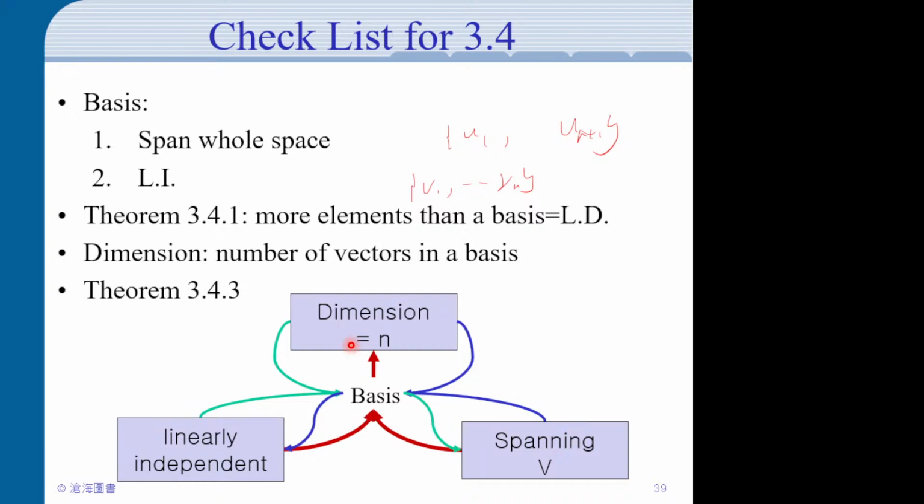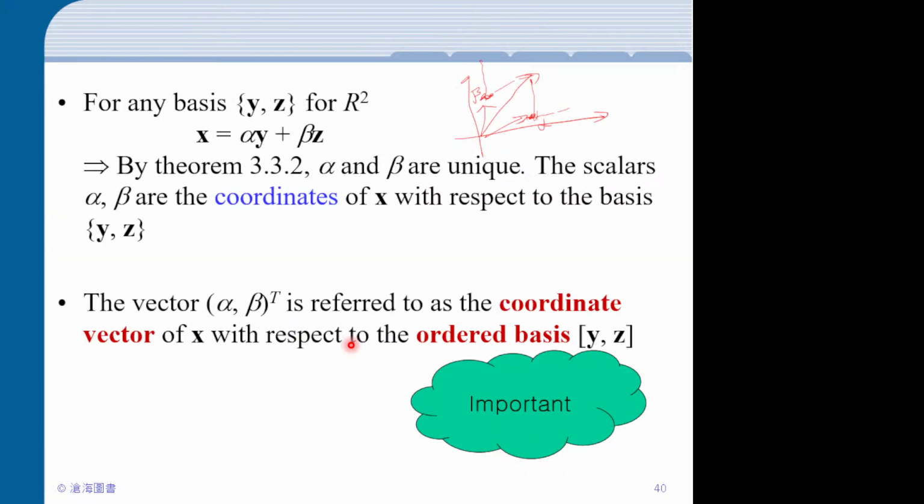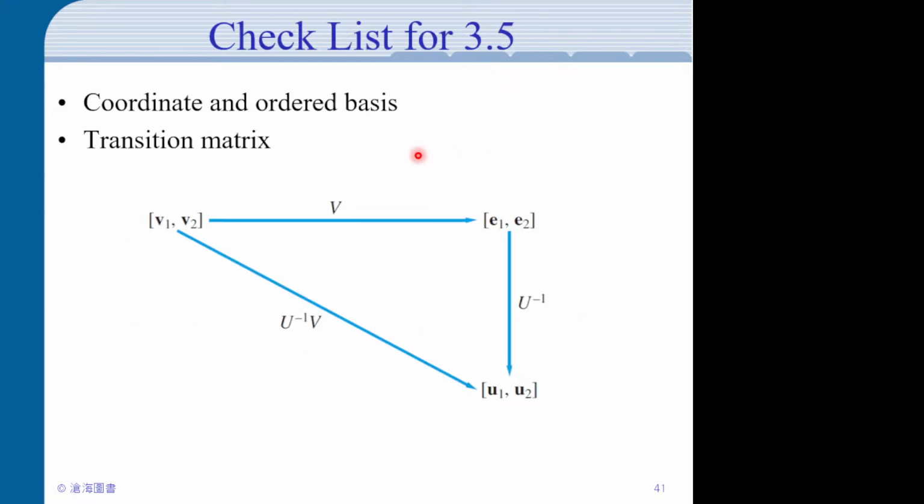And 3.5 will kind of recurrently say the important concept here is coordinate. If you have a basis for a vector space, then every vector inside you can find a coordinate for it, and then you can transform coordinates between different bases. So you have ordered basis v1, v2, and you want to transform coordinates from v1, v2 to a standard basis e1, e2.